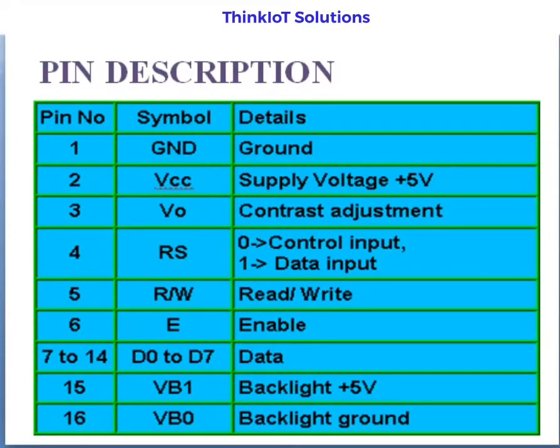And finally 15th pin and 16th pin are the backlight LED, which is used to turn on the backlight of the LCD to have a better experience on checking out the display content of the LCD.